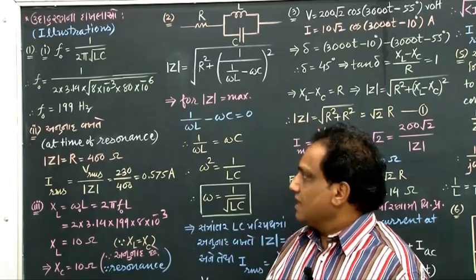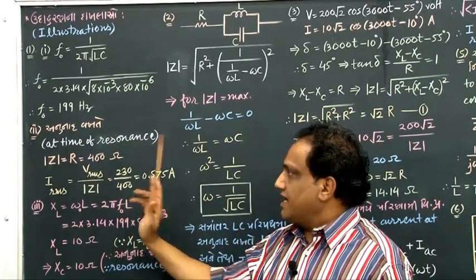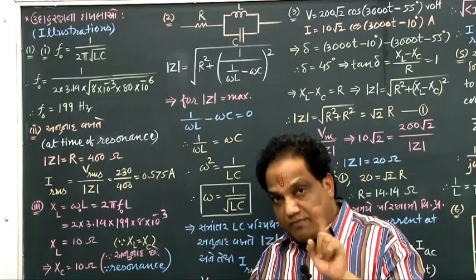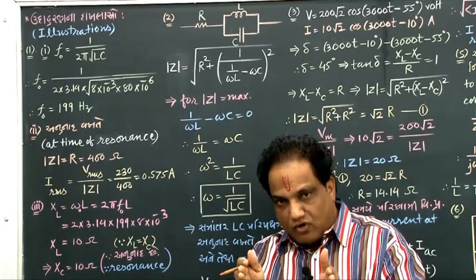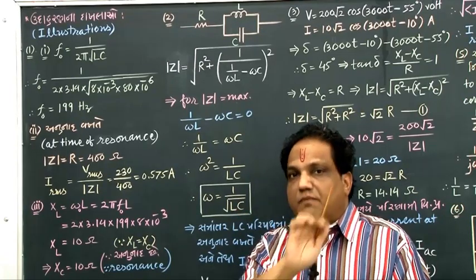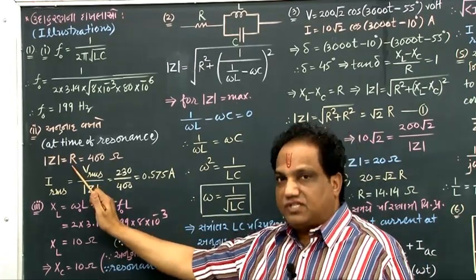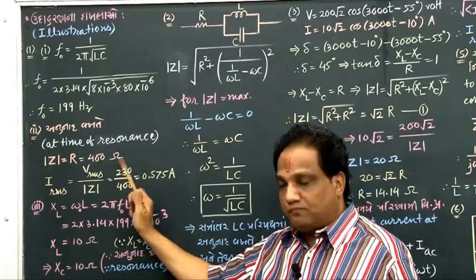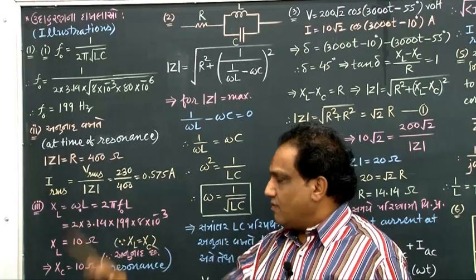Okay, fine. Now at the time of resonance, tell me, in case of series resonance, mod Z value becomes minimum, and that minimum value is equal to the resistance of the resistor, which they have given 400 ohm. What is the IRMS formula?